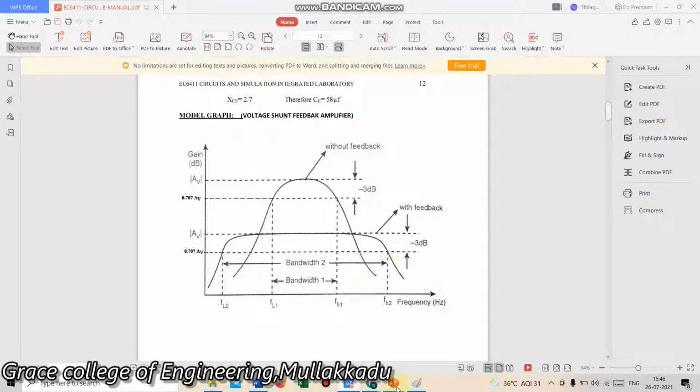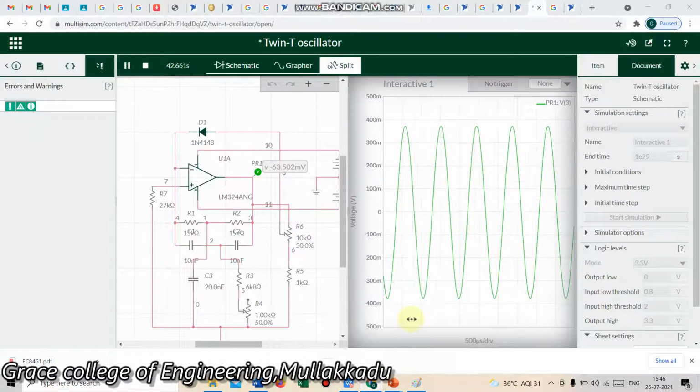Okay, now we are going to see the output for this voltage shunt amplifier.